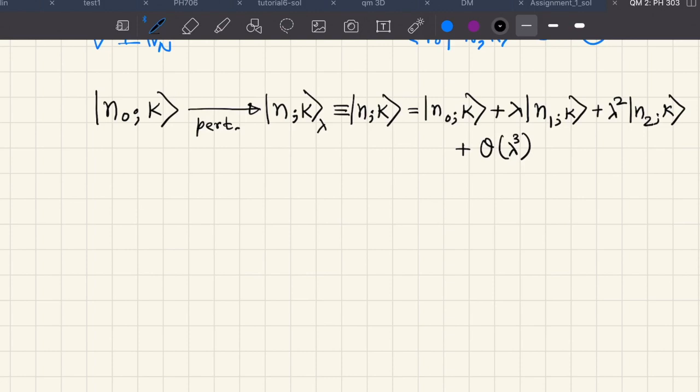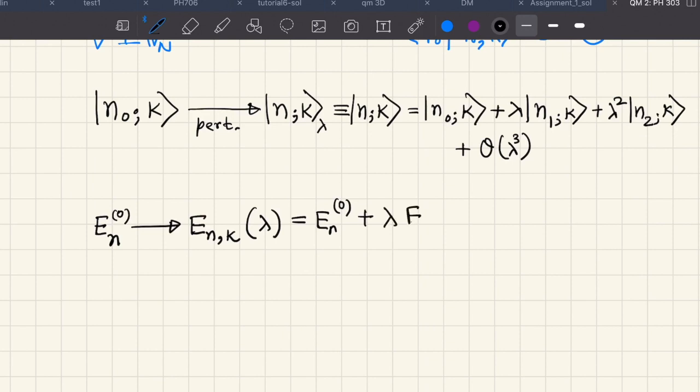Now, in the same manner, we will also expand the energy. That means after we perturb, we will write this as E_{n,k}(lambda). I will just explain this notation here. That is also important, why we are using two labels here. E_n⁰ plus lambda E_{n,k}¹ plus lambda square E_{n,k}² plus order lambda cube, and of course there are other terms.